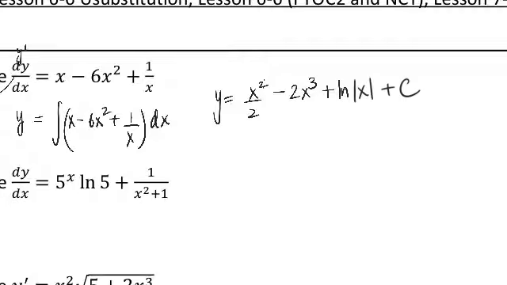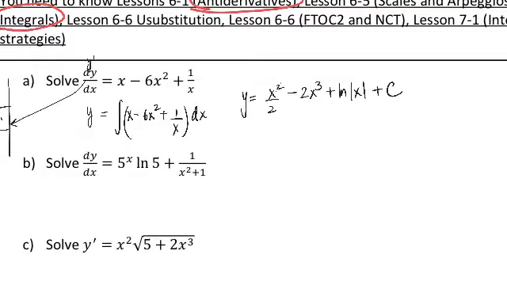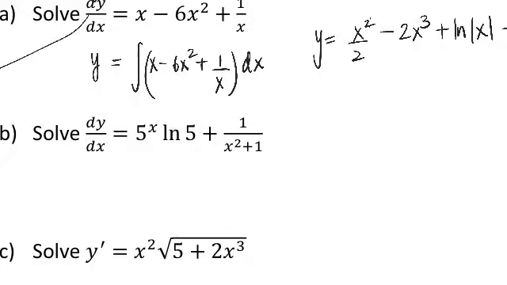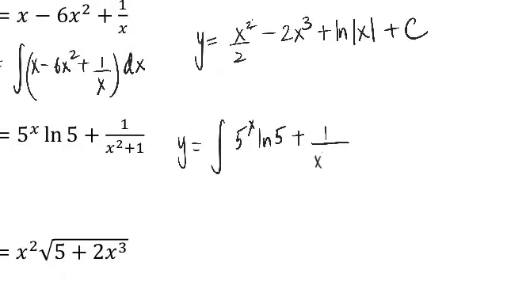Okay, so pause the video and see if you can do all of these. These are all review from the past, just finding antiderivatives or integrating. That's what we're doing here. Okay, so here again, we are integrating. y is the integral of 5 to the x ln 5 plus 1 over x squared plus 1 all dx.